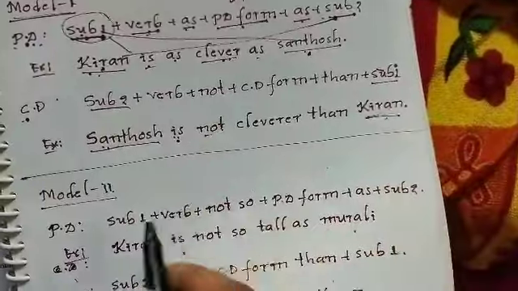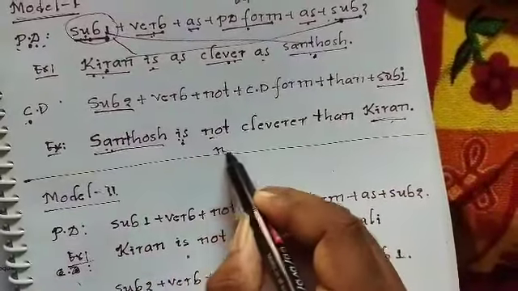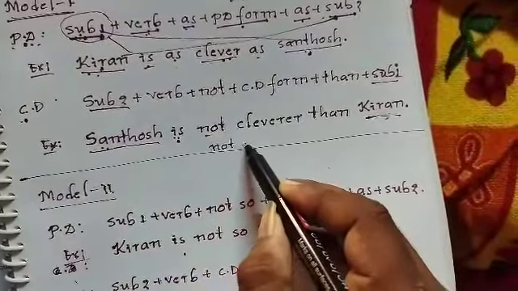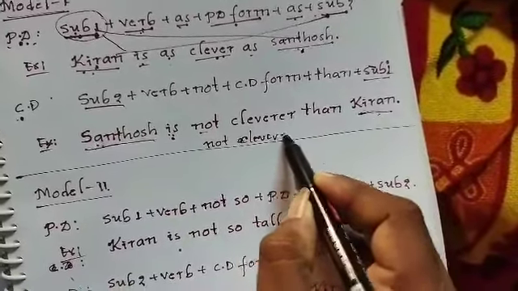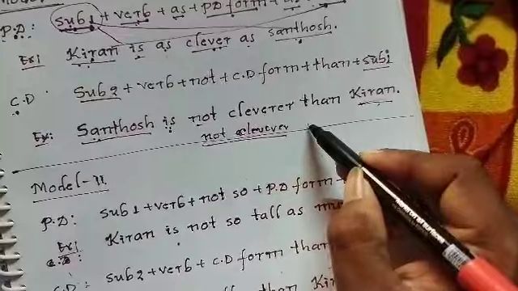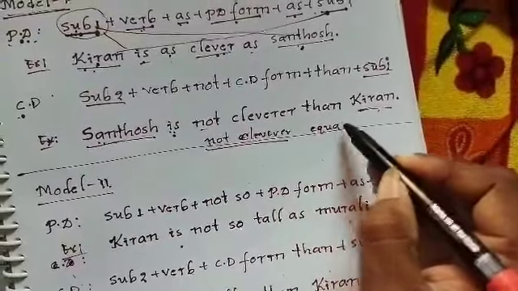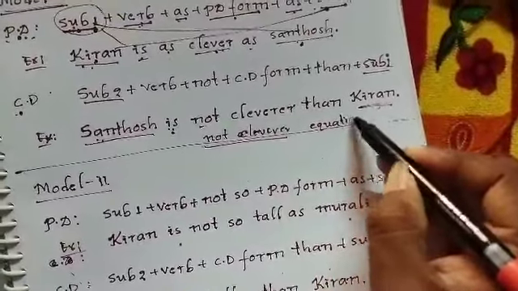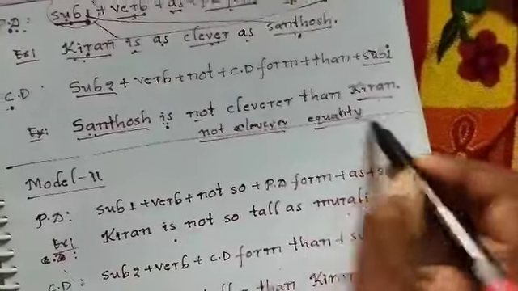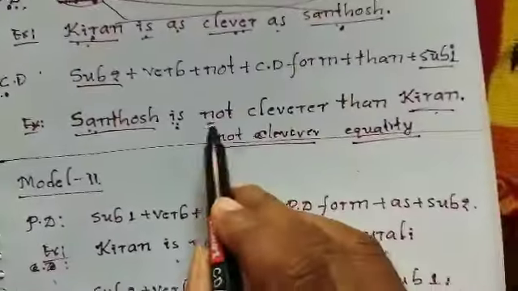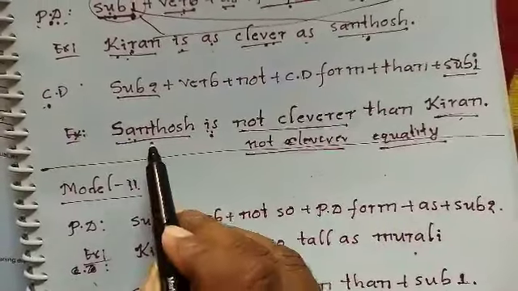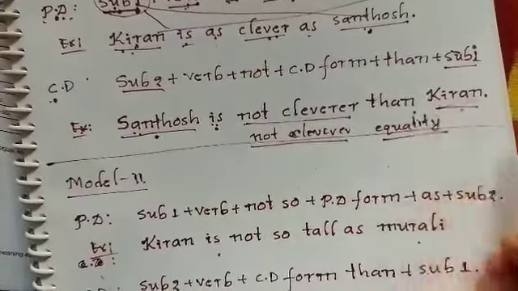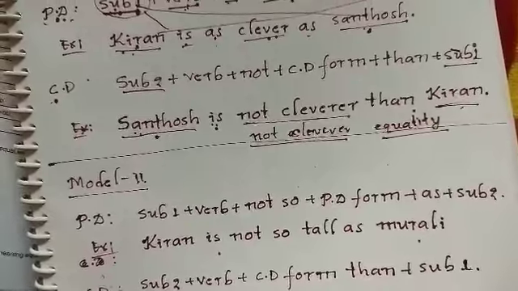When we use not cleverer, it indicates equality. What is the meaning of that? Santosh is clever and Kiran is also clever. Both are clever. Okay?